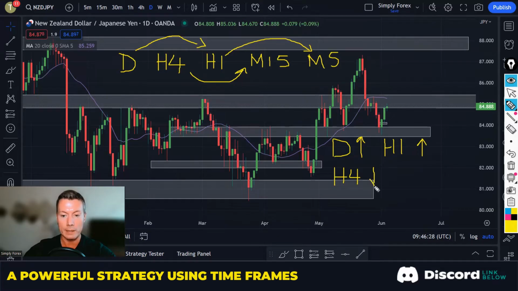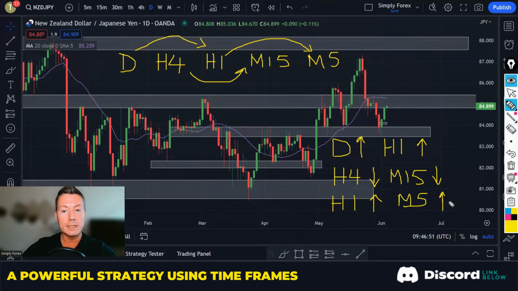Let's do a downtrend. Therefore, we want M15 to be in a downtrend. Or we could do H1, which could be in an uptrend or a downtrend, but let's do an uptrend. Therefore, we want to see the 5-minute chart, excuse my writing, in an uptrend as well.